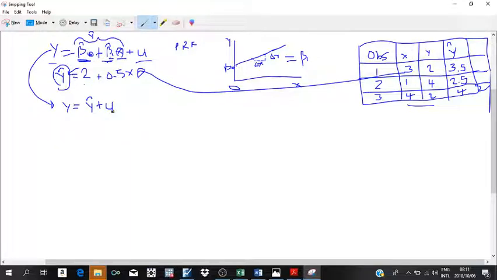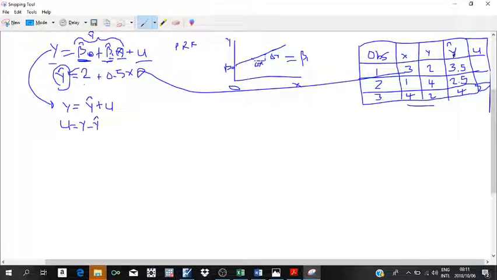u. Which means if we want to get u, if we make it subject of the formula, u is equal to y minus y-hat, right? So to get u, which is the residual, it's now easy. It's this subtract this.